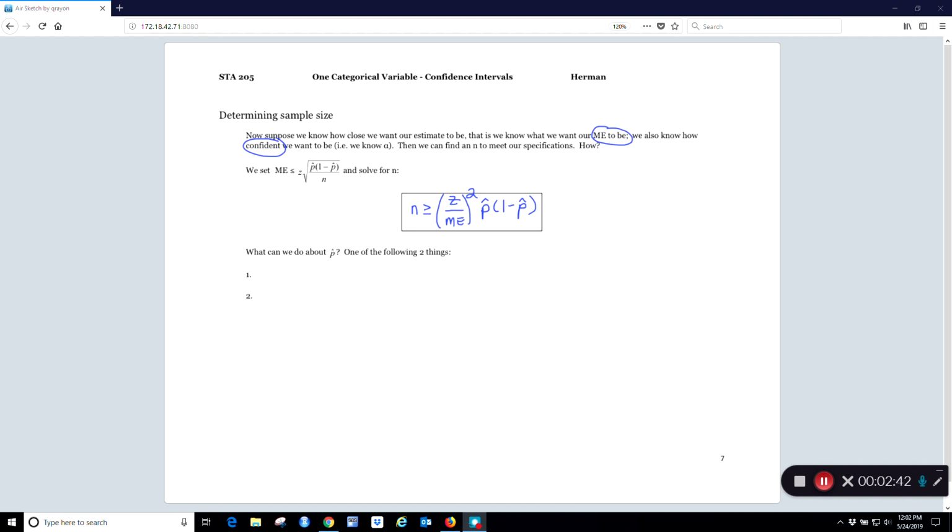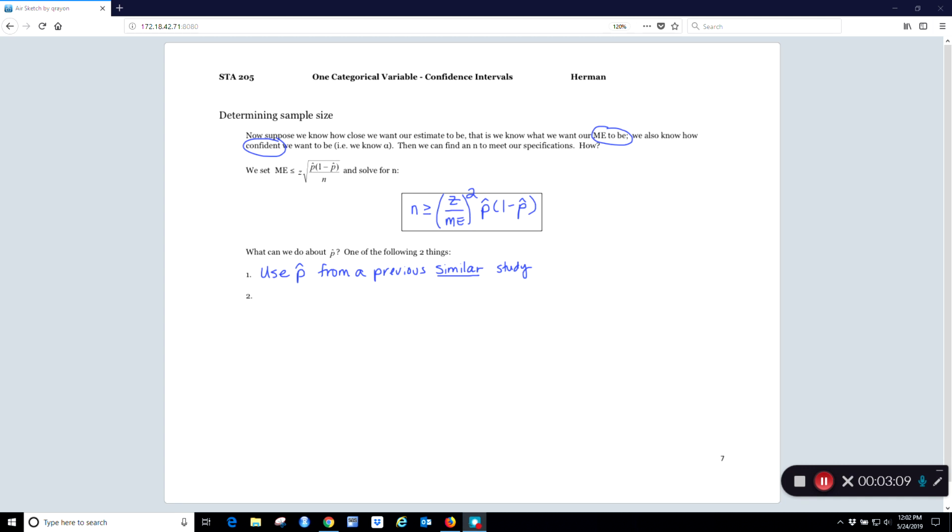The first thing I would like to be able to do, if I can, is use my sample proportion from a previous similar study. For example, maybe lots of businesses do the exact same study year after year, so I could use last year's p hat to help me estimate what this year's p hat would be.